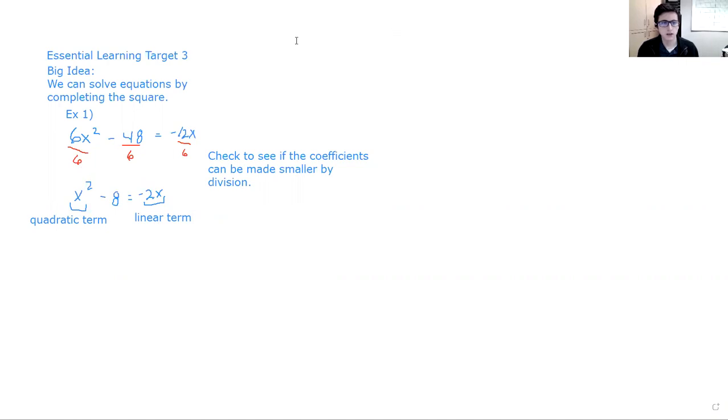Because this quadratic term has an exponent of 2, that's what makes it quadratic. The linear term is an x, but it does not have any exponents.